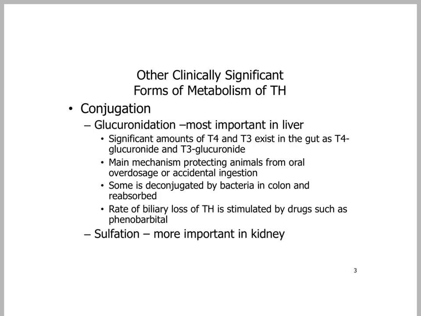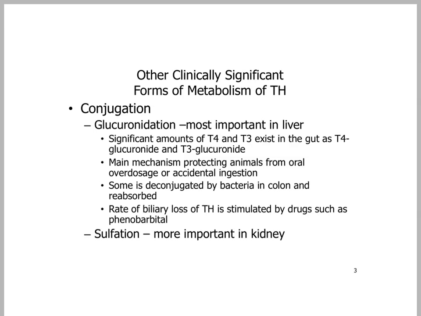We also know that thyroid hormone can be conjugated, and then once it gets to the colon, unconjugated again and reabsorbed. These conjugating mechanisms can be stimulated by drugs that stimulate the cytochrome P450 system and other elimination pathways, such as phenobarbital, the anti-epileptic drug.